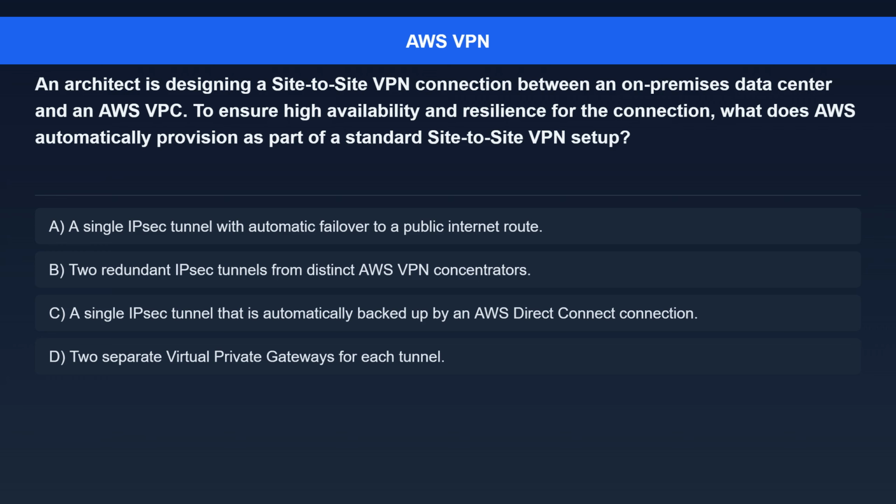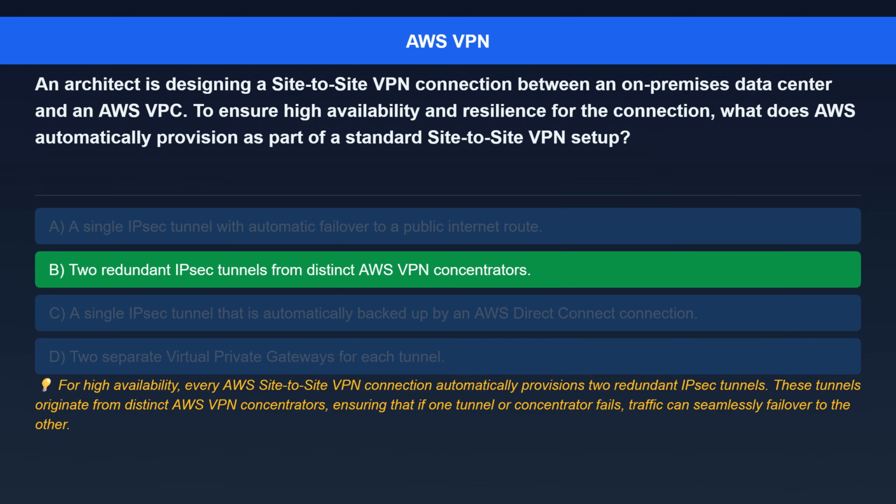Option A, a single IPsec tunnel with automatic failover to a public internet route. Option B, 2 redundant IPsec tunnels from distinct AWS VPN concentrators. Option C, a single IPsec tunnel that is automatically backed up by an AWS Direct Connect connection. Option D, 2 separate virtual private gateways for each tunnel.